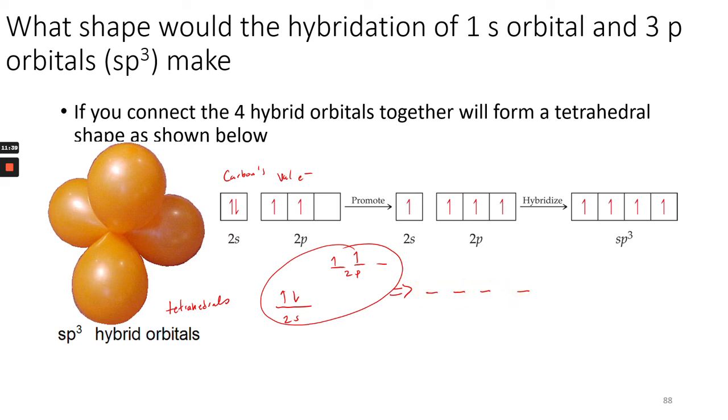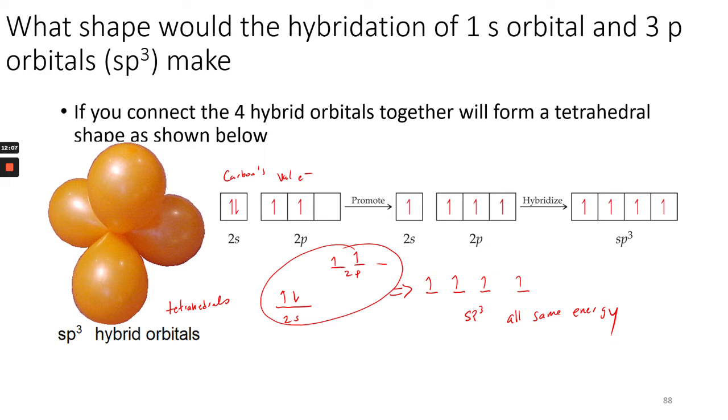So they are higher energy than the s, but lower energy than the p. And now I have 4 electrons that I could put in here. So look at that. I have 4 unpaired electrons ready to make 4 bonds. And so these are sp3, they are all the same energy, which is what we need, because one bond to hydrogen was not more energetic than the other.